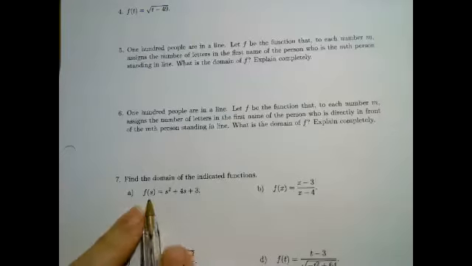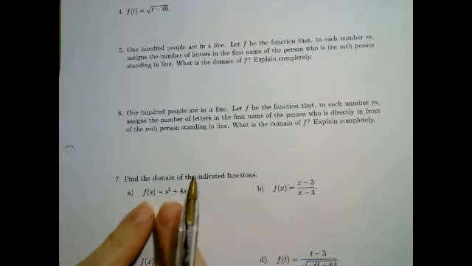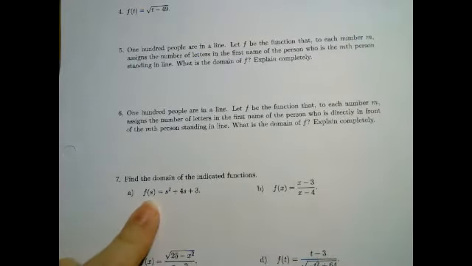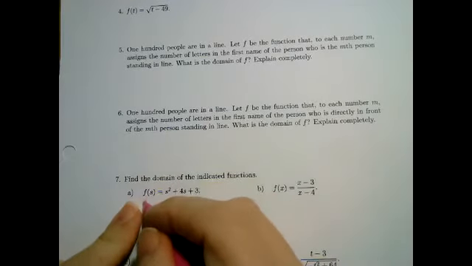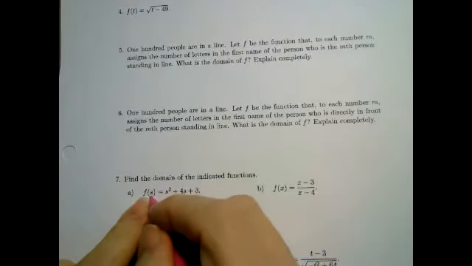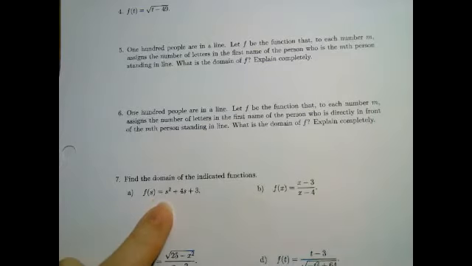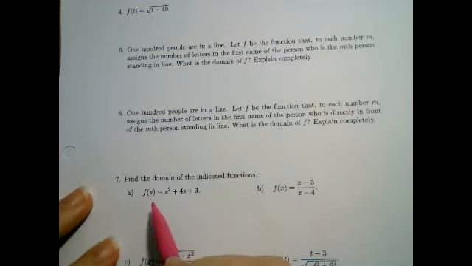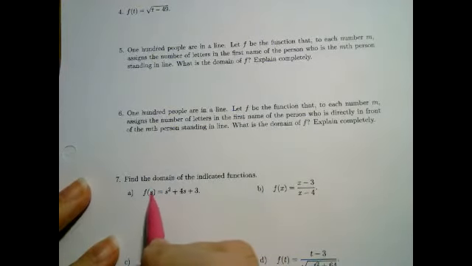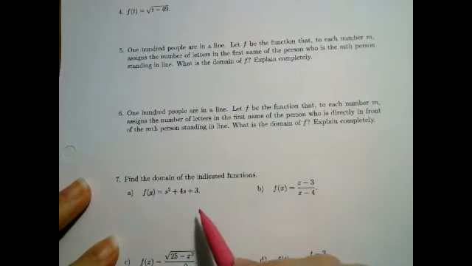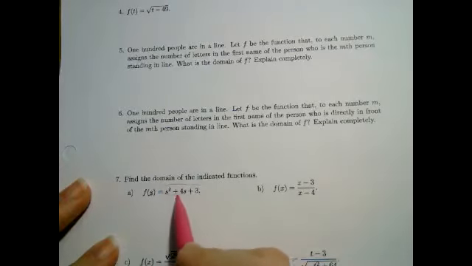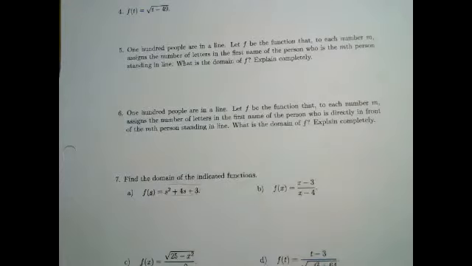Part A means you have to find which value of S, what input I can put for S here, so that f of S will be a number. So in this particular scenario, is there a value that I can put here so that f of S doesn't make sense? What's going to be the domain? Which input can I put?